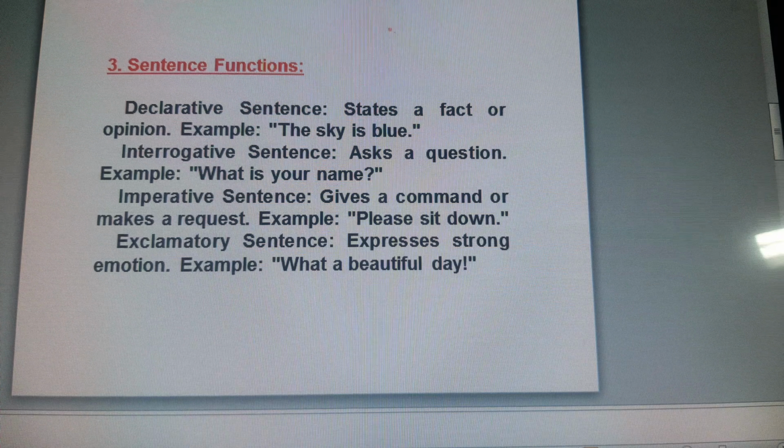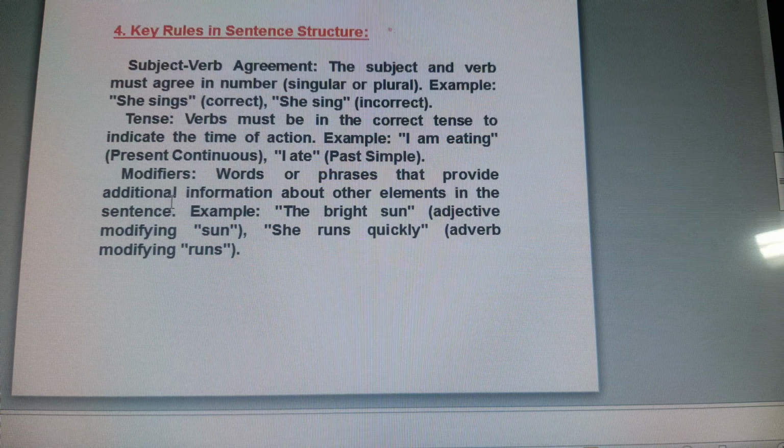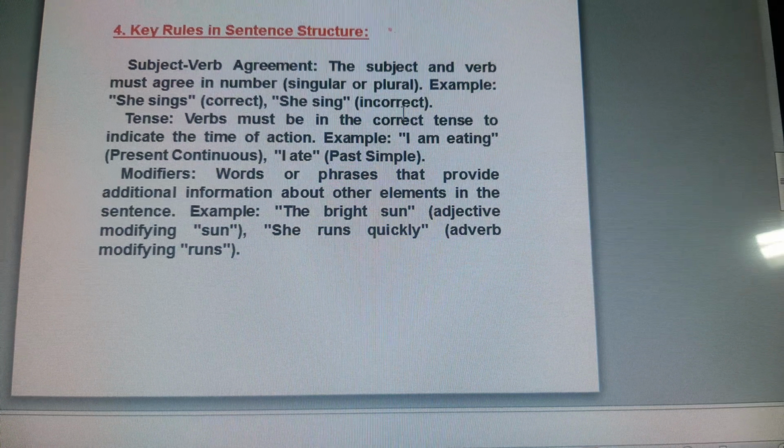Now I am going to fourth slide. Key rules in sentence structure. Subject verb agreement. The subject and verb must agree in number, singular or plural. Example: she sings, correct. She sing, incorrect. Tense. Verbs must be in the correct tense to indicate the time of action.